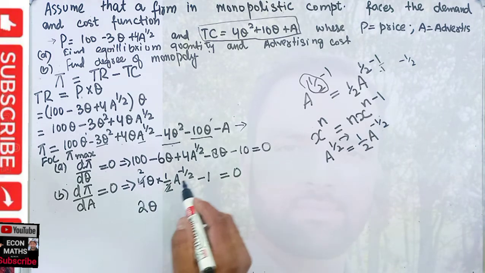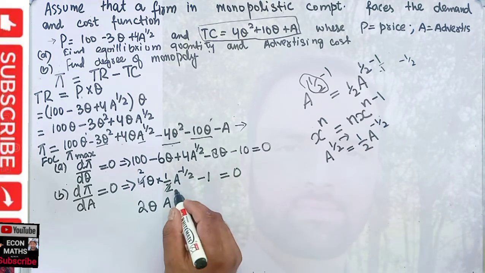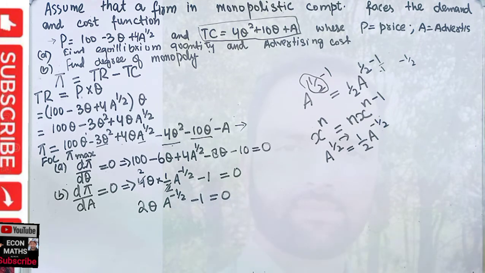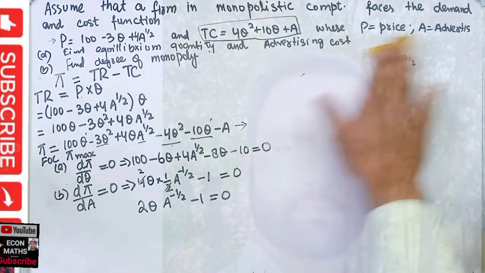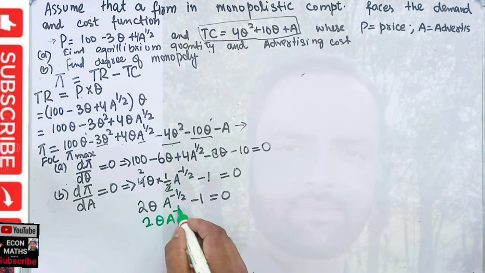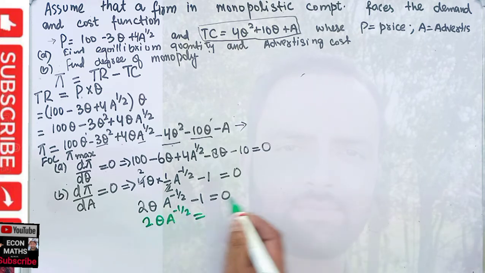So we will get 2q a to the power minus 1 by 2 minus 1 is equal to 0. Let me rub this out, which implies 2q a to the power minus 1 by 2 is equal to, transposing this 1 on the RHS, it becomes positive 1.